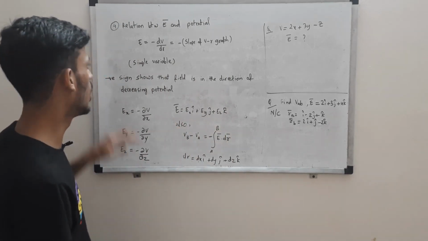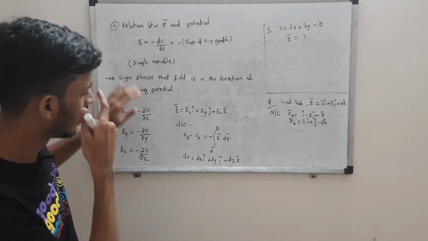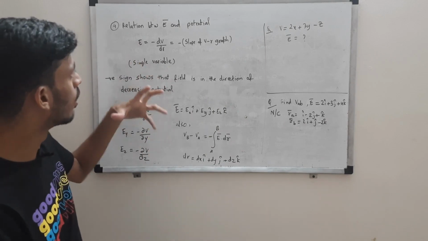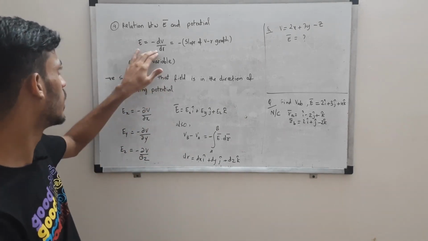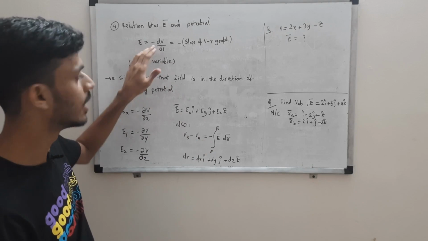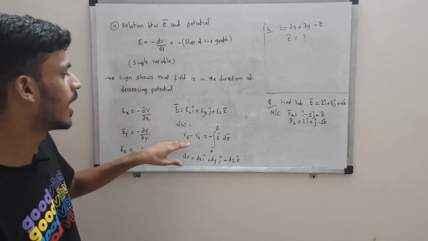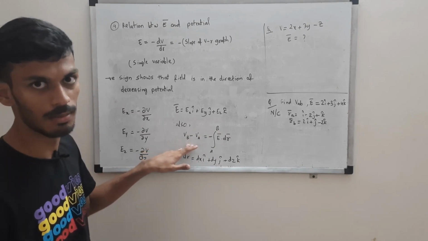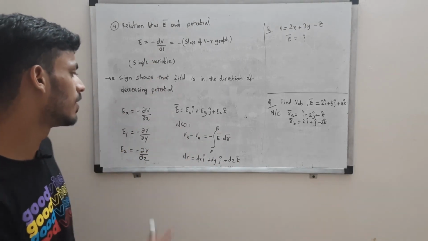Now, from here you can also obtain potential in terms of electric field. E dot dr will give you dV, so the integration of that will give you the potential, within the limits Vb minus Va.